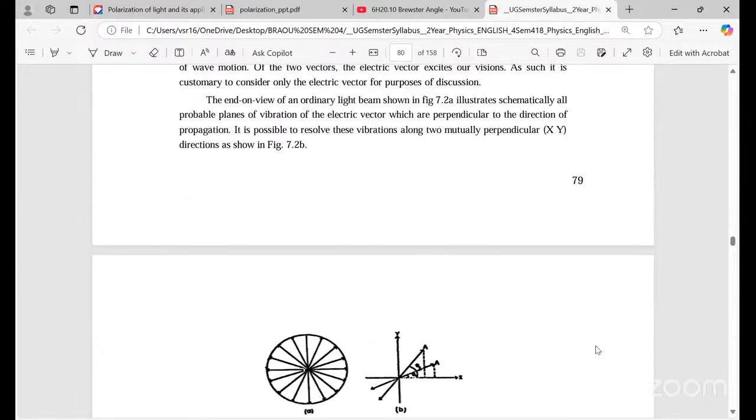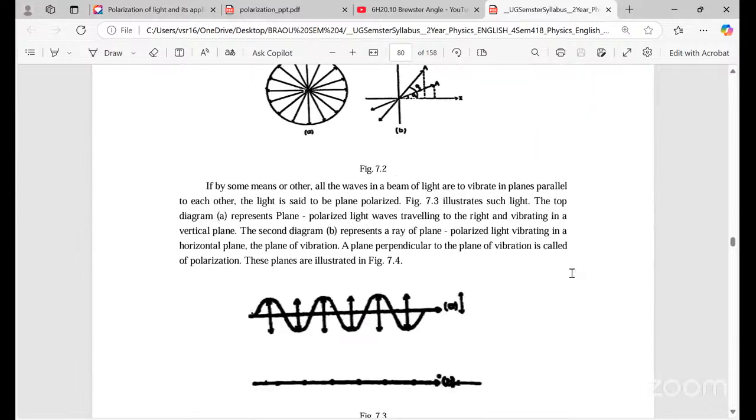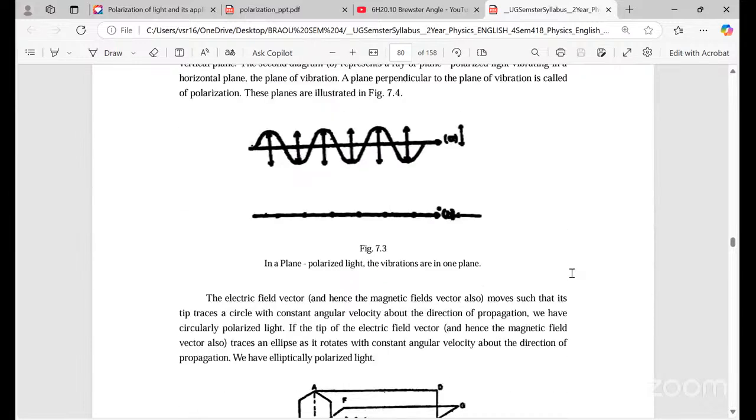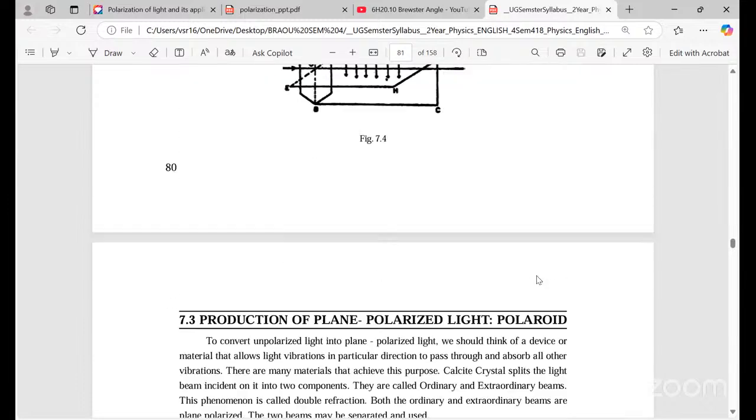In an ordinary light ray, the plane of vibration of the electric vector is perpendicular to the direction of propagation. It is possible to resolve these vibrations along two mutually perpendicular directions. So this is the electromagnetic wave.